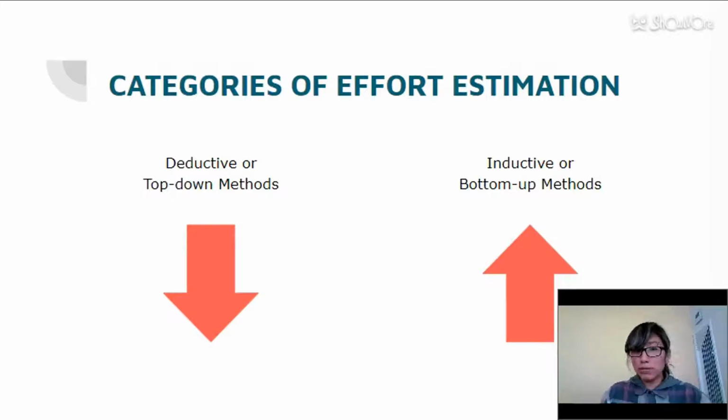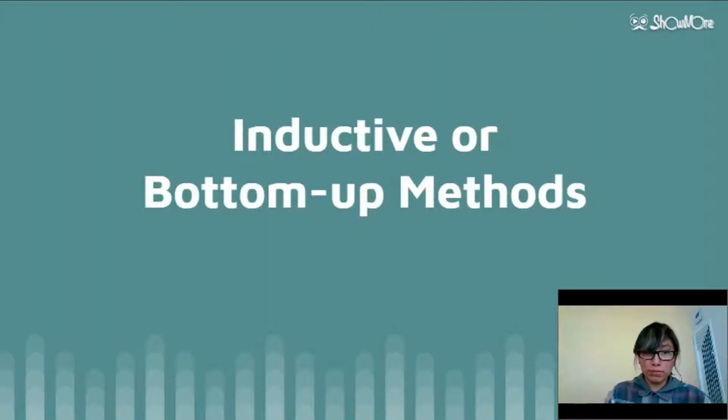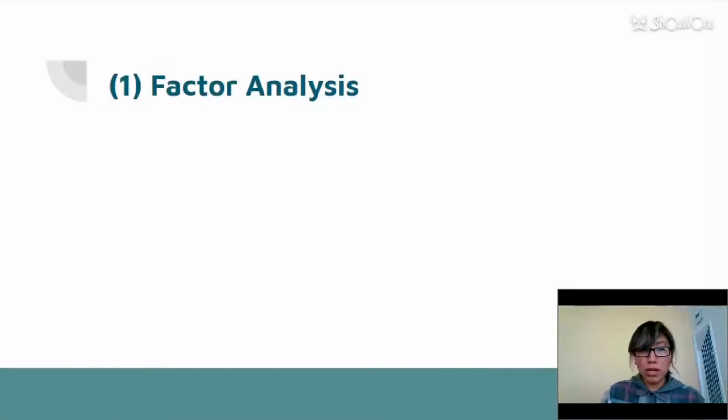And the inductive or bottom-up methods: the basic idea of inductive methods is to start effort estimation with the work packages individually, with support of experts or knowledge of similar work packages of earlier projects, and then summarize bottom-up. There are some inductive or bottom-up methods that I'm going to talk about.